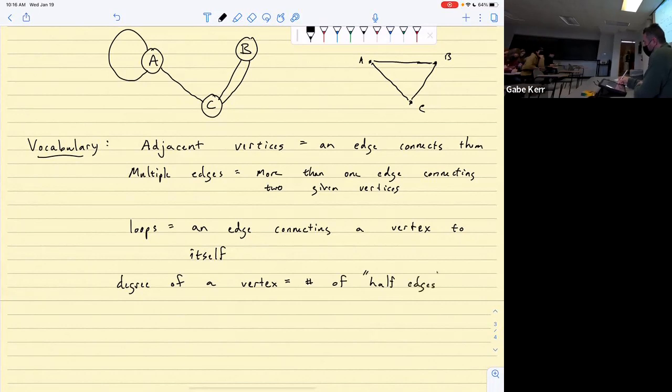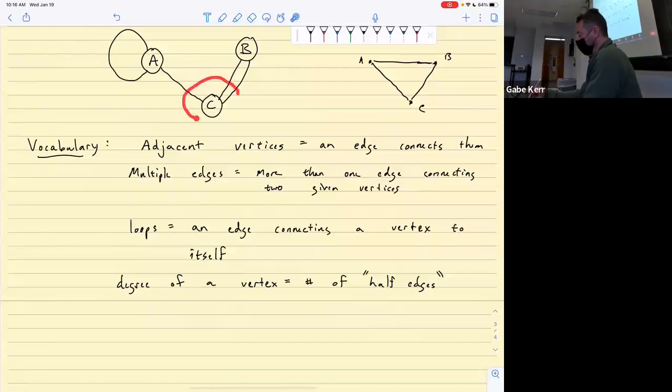By which I mean, if you took a little bubble and put it around your vertex, you would cut these edges in half and count the number of half edges there. If you did that here, you would also get the same count. The point is you don't want to count this only once.